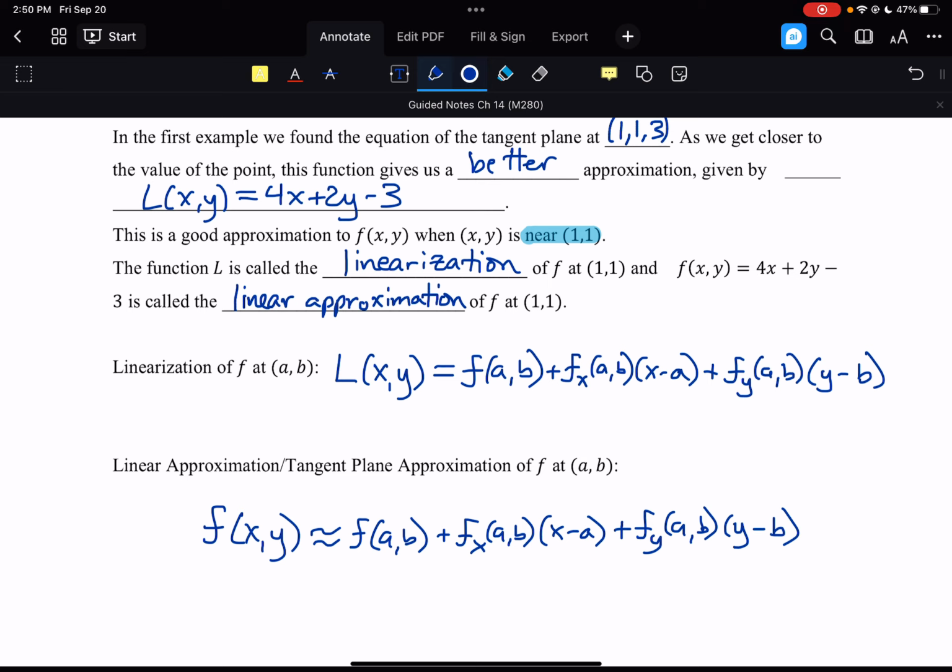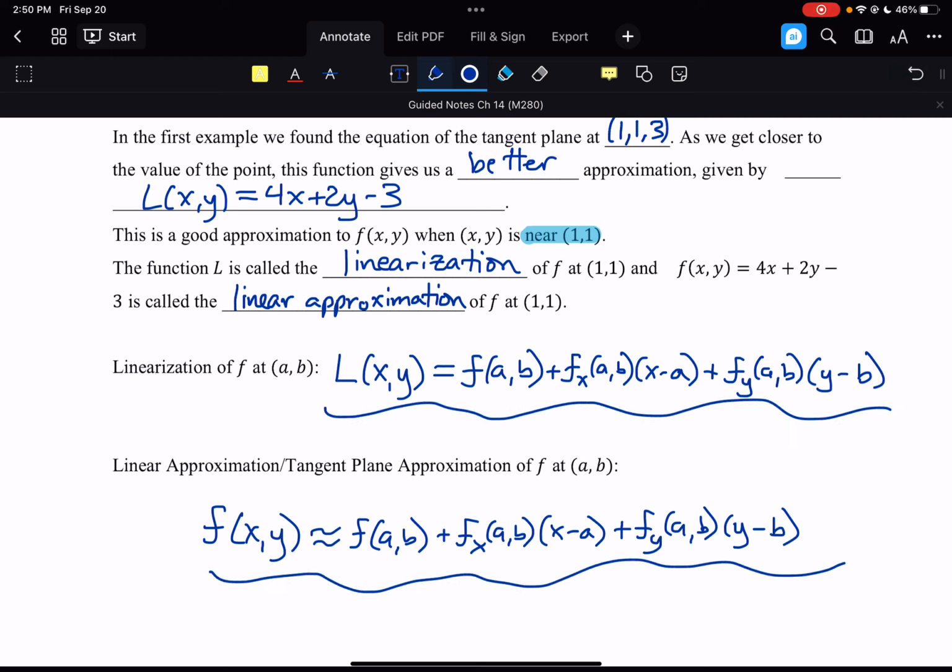We're talking about the same stuff, but L of x, y, this is how we would write it if we were just talking about the value on the tangent plane. Say this is the linearization of the tangent plane. So this is like the formula for it. And then this one is the point itself that we're trying to approximate with the tangent plane. So this one is more about the formula. This one is more about the point, about the end result that we get out of that.